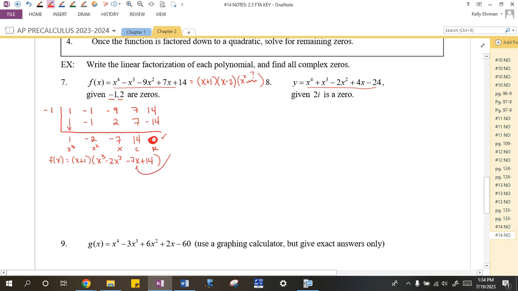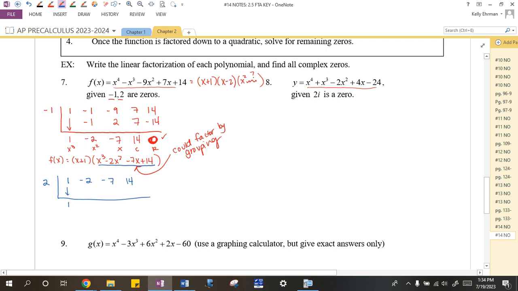So I'm just going to make a note: could factor by grouping. That doesn't always work though. So let's say we don't recognize that we could factor by grouping right there. We take the other 0 that we were given, which was 2, and we're dividing x minus 2 into the cubic that was left over: 1, -2, -7, 14.